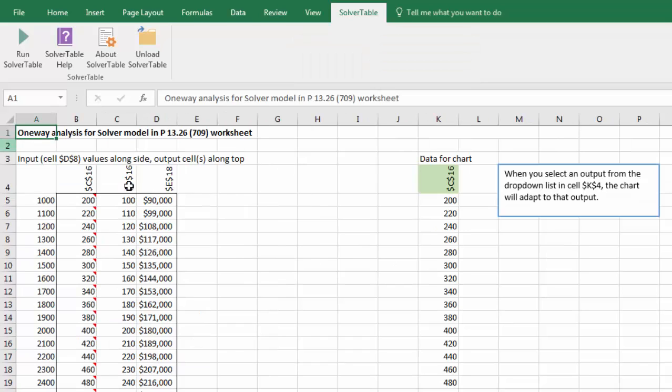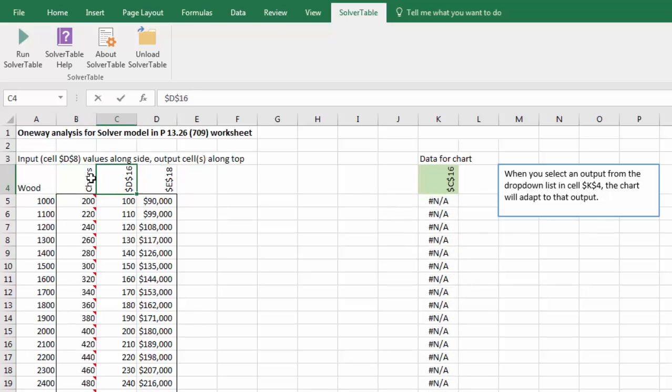And here's the output of our sensitivity analysis. Now, we want to probably label what's going on here. The input cell along the side, that of course is wood. So that's going down. And then we have chairs output, desks output, and profit.